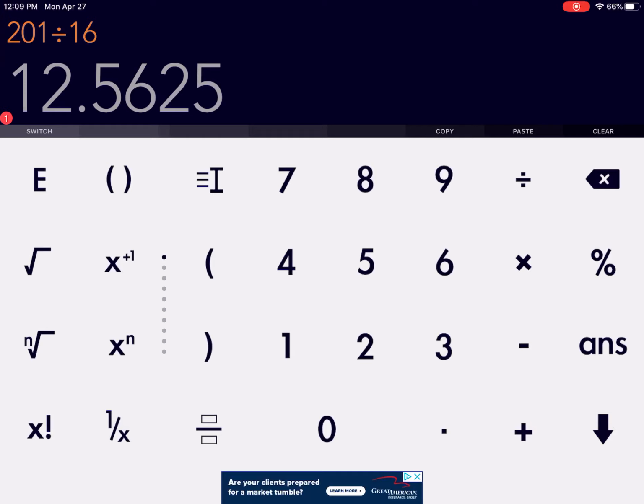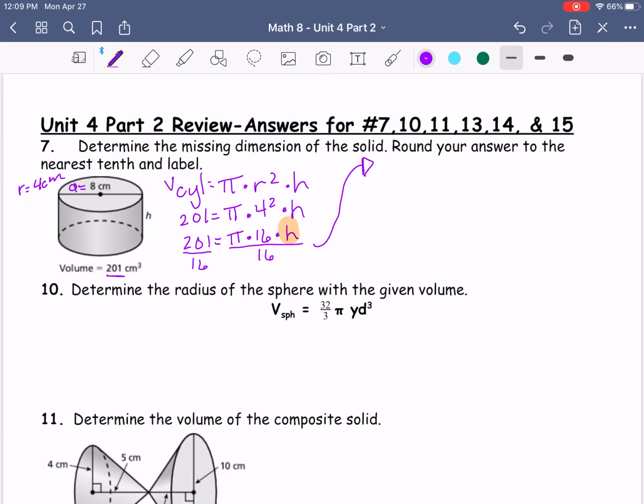Since it's a terminating decimal, I know it's more than a tenth, but I'm going to go ahead and just write all of that down. 12.5625. Okay, and I've eliminated that 16, so now I'm left with pi times the height.